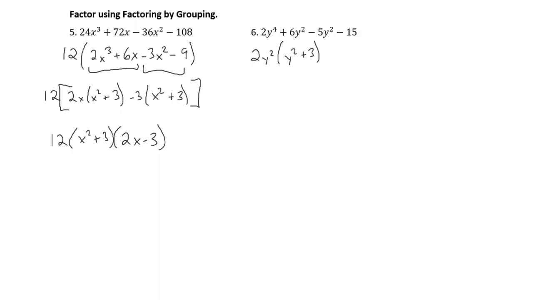Now I need a y squared plus 3 here, and I see that the leading term is negative, so I'm going to factor out that negative and a 5. And when I do that, I'm left with y squared plus 3. So you're always looking to make those binomials match up, which we'll then put out in front. And then I'm going to put that 2y squared minus 5, which were the two that were in front of the binomials that matched.